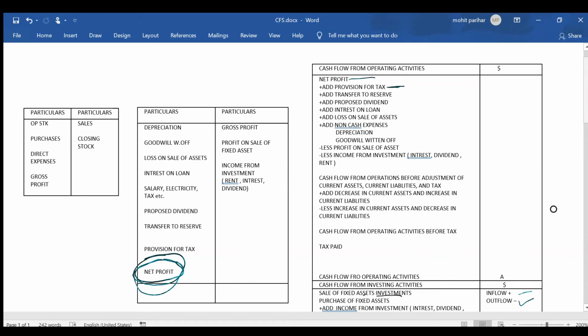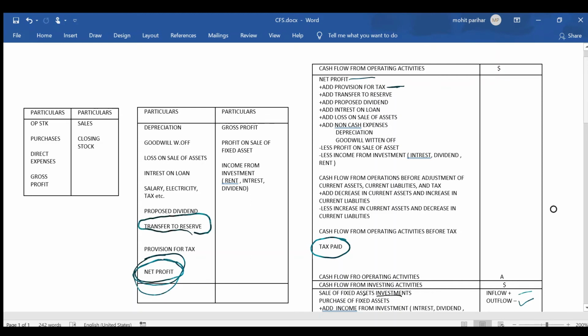And therefore, we will add provision for tax back to the net profit. Okay. Now we would have paid some tax in the year. This is a provision made. So there would have been a certain amount of tax which we would have paid in the year, and therefore we will deduct that amount in the end of the statement.